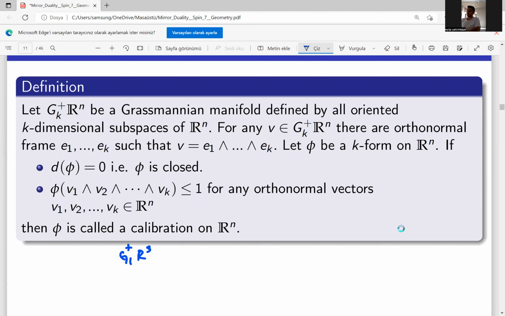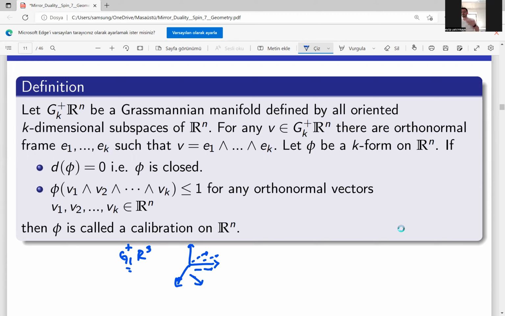In R3, if you take the one-dimensional spaces, now we are living in a three-dimensional object. For a three-dimensional object, for each direction, you have a vector, okay? So this vector is a one-dimensional object.